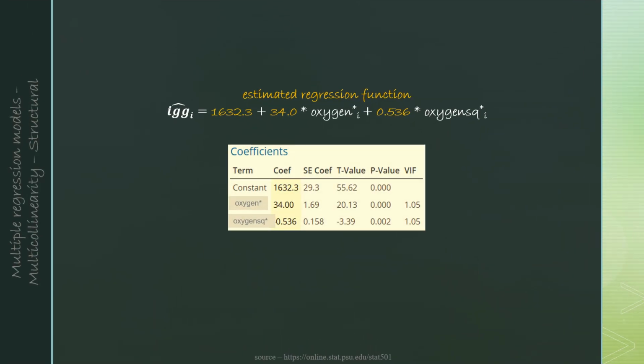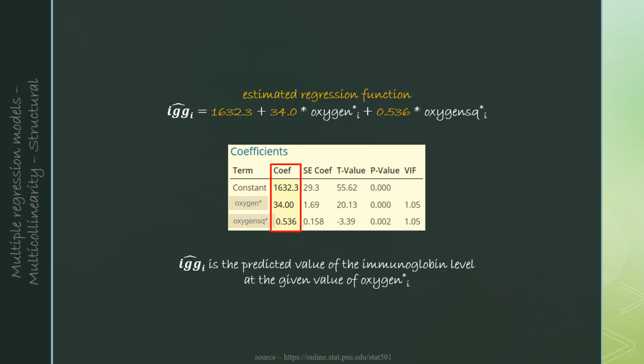Let's take a look at the estimated regression function: IgG i hat equals 1632.3 plus 34.0 multiplied by oxygen i star plus 0.536 multiplied by oxygen SQ i star, where IgG i hat is the predicted value of the immunoglobulin level at the given value of oxygen i star.